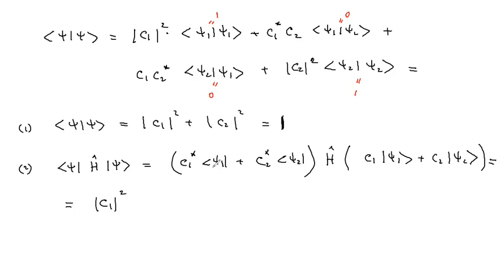You have to take bra vector psi1, then you have operator H, and then you have psi1, yeah? What else I'm gonna have? Let's say C1 and C2. What will be the contribution?